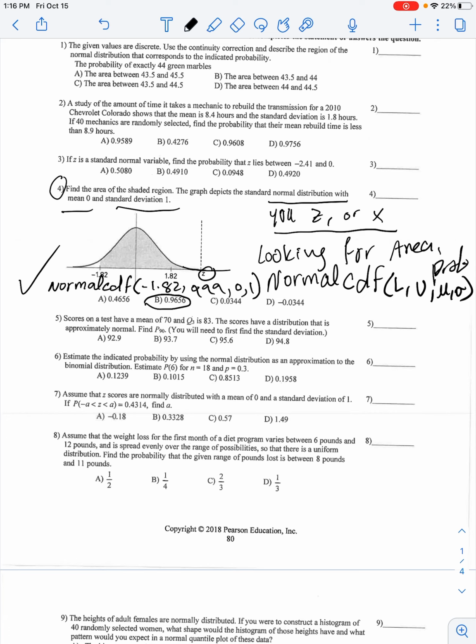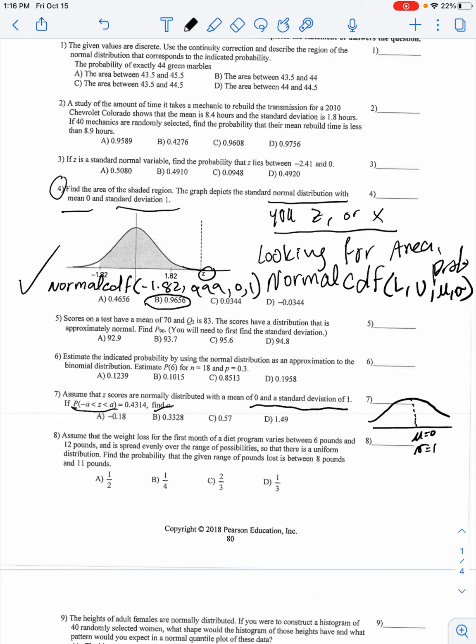Let's do number 7. Assume that z-scores are normally distributed with mean of 0 and a standard deviation of 1. Find A when you know the probability of z between negative A and A is 0.4314. So you start with the normal distribution curve. In the middle you have mean 0, and I also write the standard deviation underneath, so it helps.